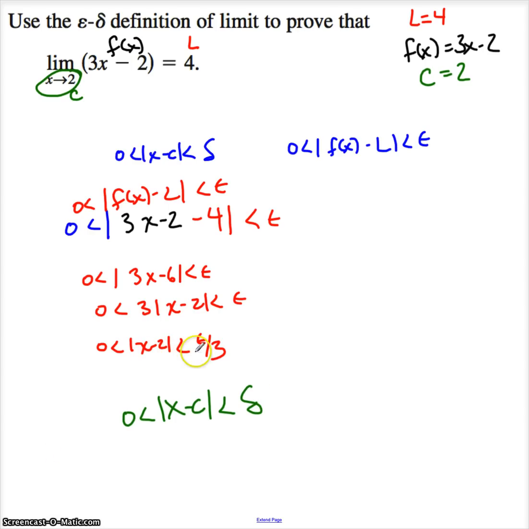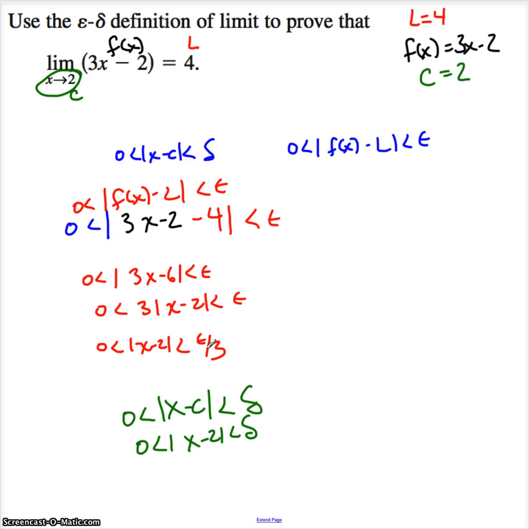I didn't mean to, actually I did. It's what I was shooting for, but it kind of snuck up on me. So this is less than delta. So if the absolute value of x minus 2 is less than delta, then x minus 2 has got to be less than epsilon over 3.